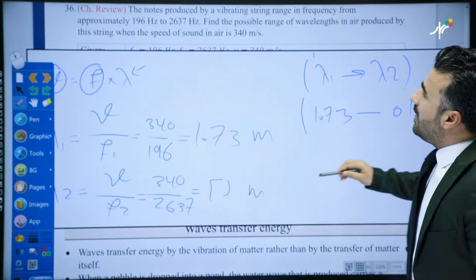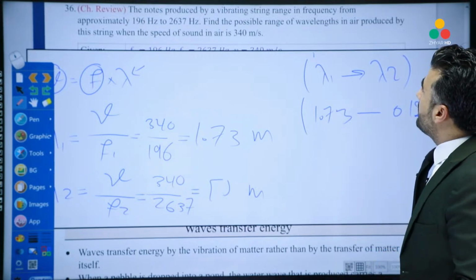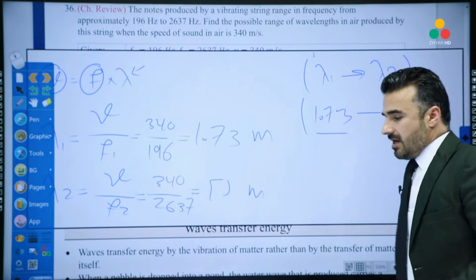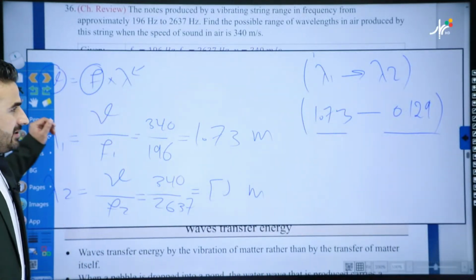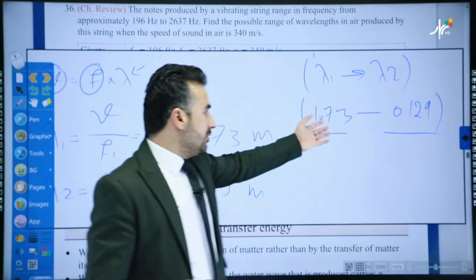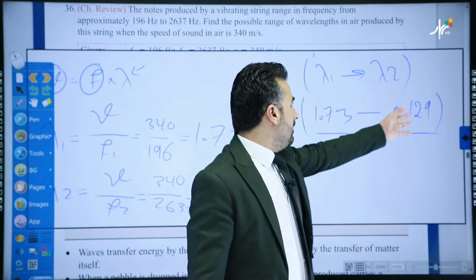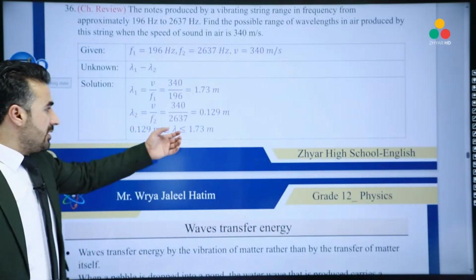So it says find the possible range of the wavelength in the air produced by this. So the wavelength is going to be in between this range: equal to or smaller than the larger value, and equal to or bigger than the smaller one.